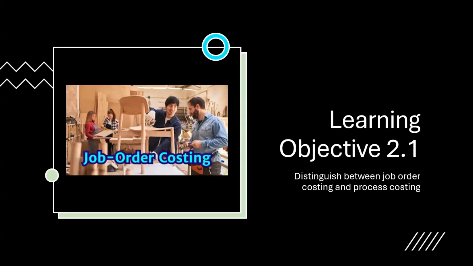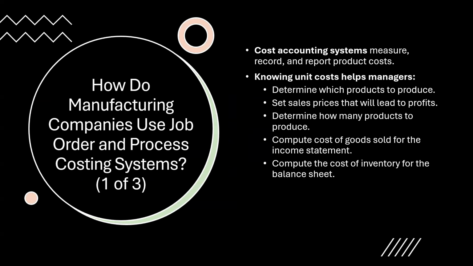So learning objective 1, distinguish between job order costing and process costing. How do manufacturing companies use job order and process costing systems?